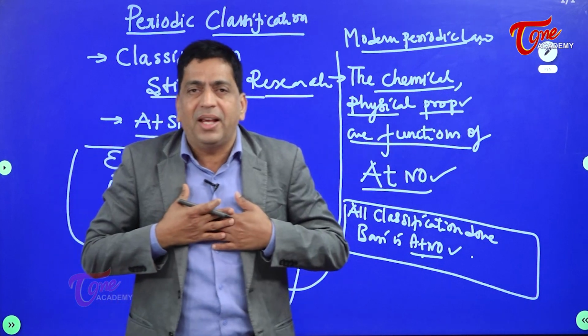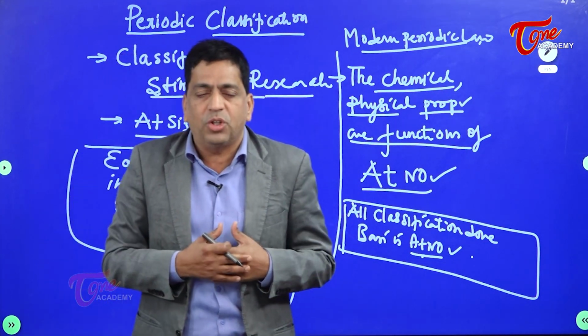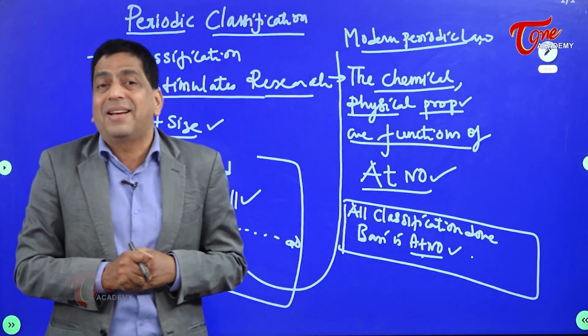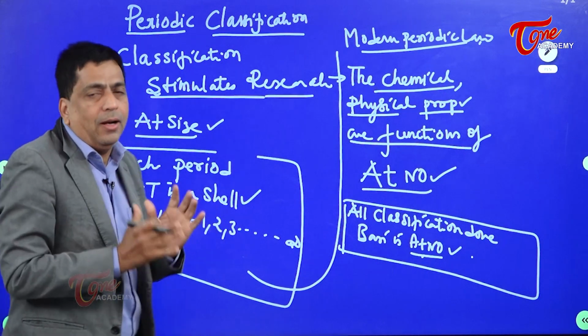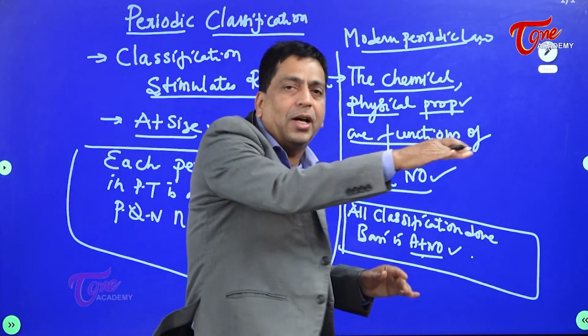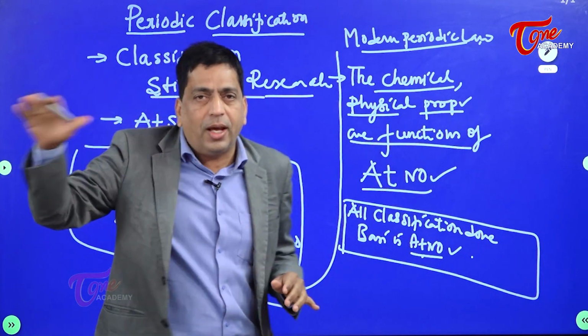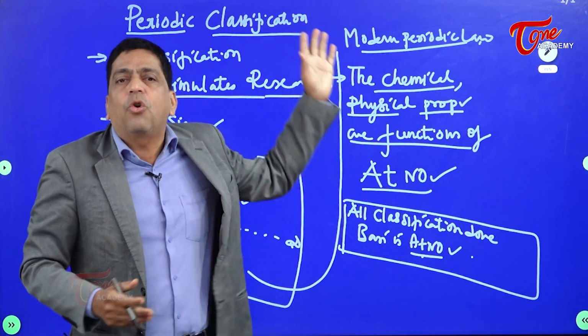I draw the attention of everyone before I slip onto the topic. I'm claiming that each period is a shell. The horizontal lines in the periodic table which you see form the basis of classification, and they are called periods.